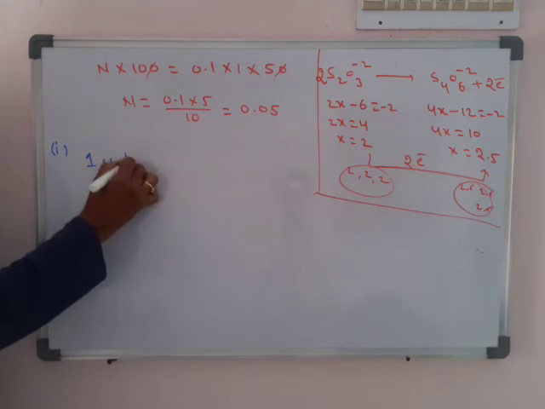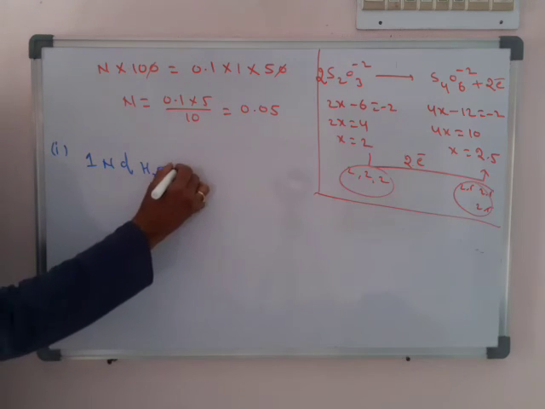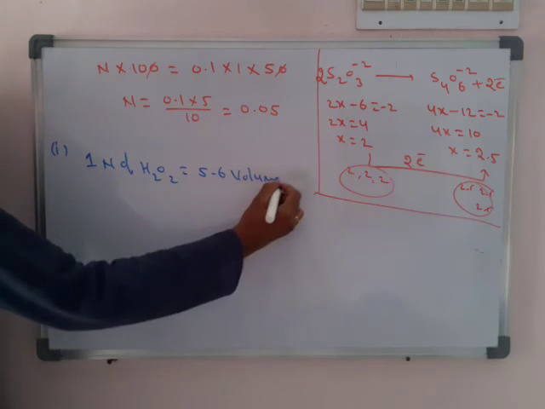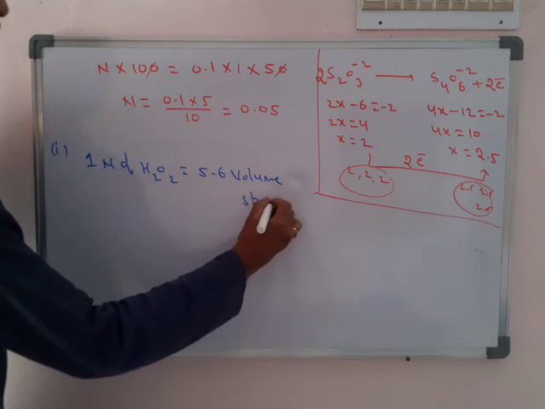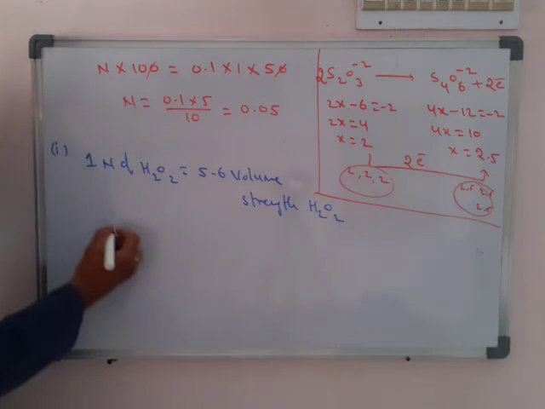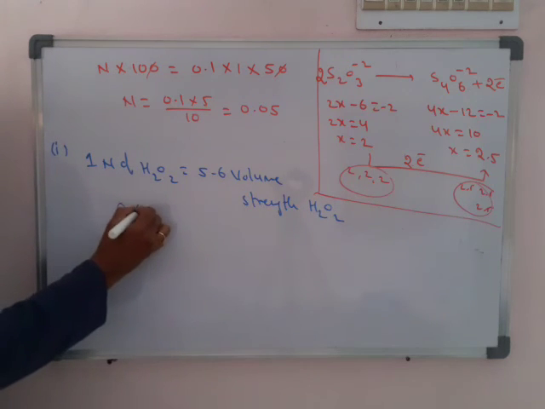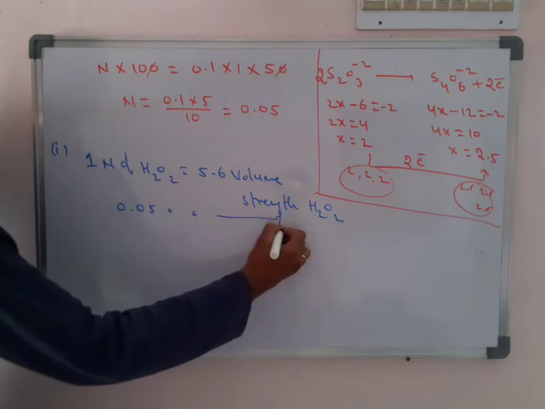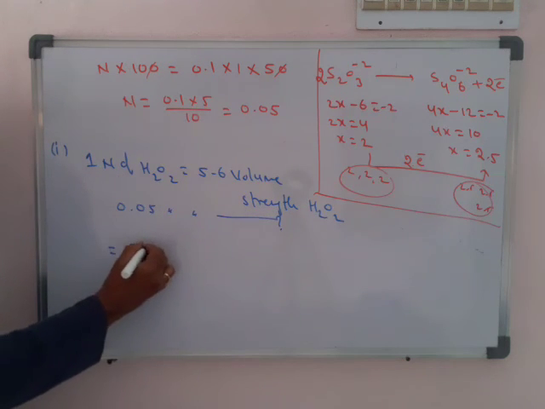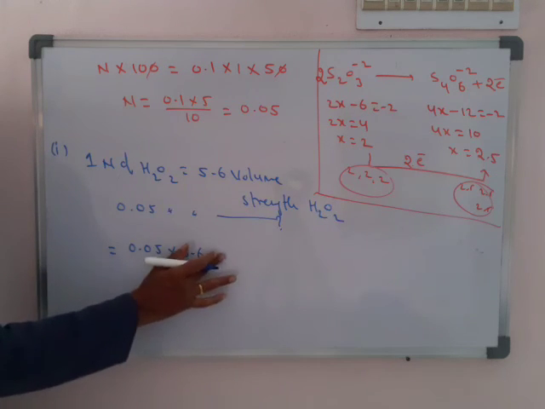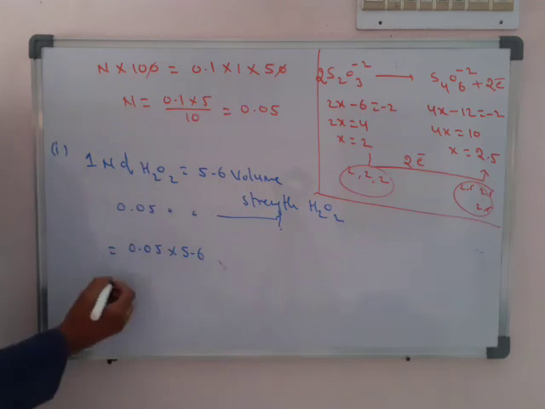We know that 1 normality of hydrogen peroxide is equal to 5.6 volume strength of hydrogen peroxide. So 0.05 normality hydrogen peroxide is equal to how much? This we have to remember, 1 normality is 5.6.